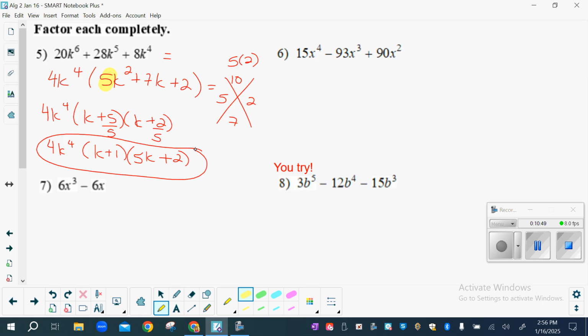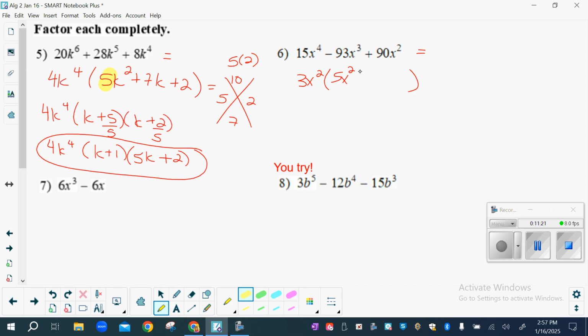Okay, so what's the greatest common factor on number 6? 3x squared. Tell us what's left inside the parentheses after taking out 3x squared. 5x squared. And the calculator would be nice on this one.